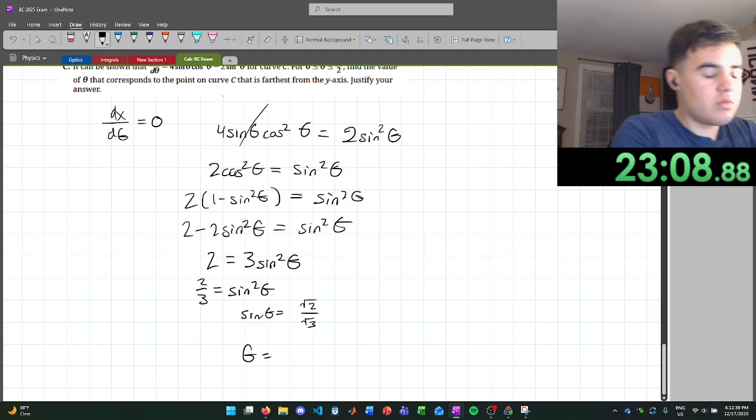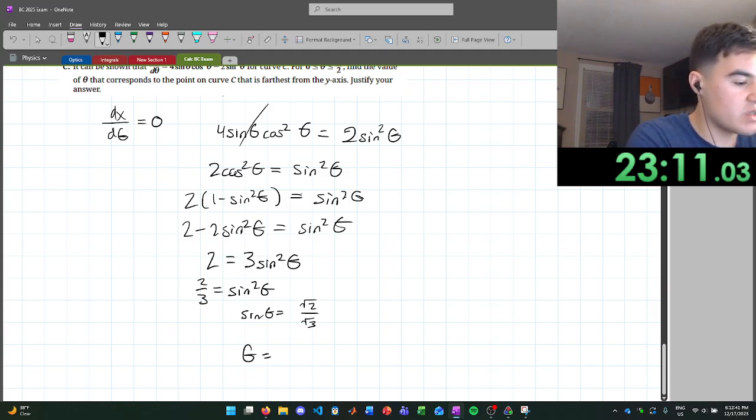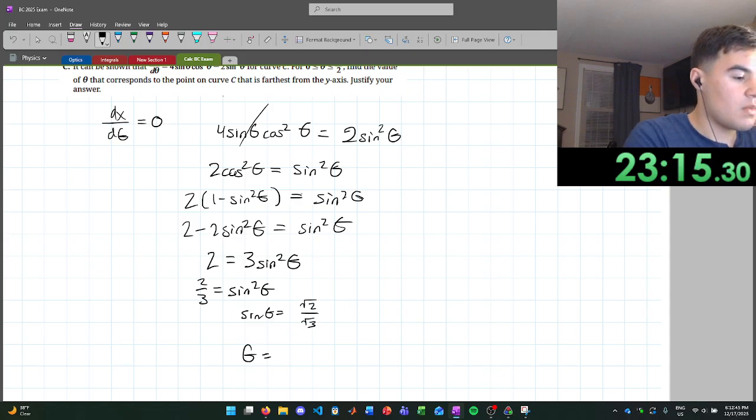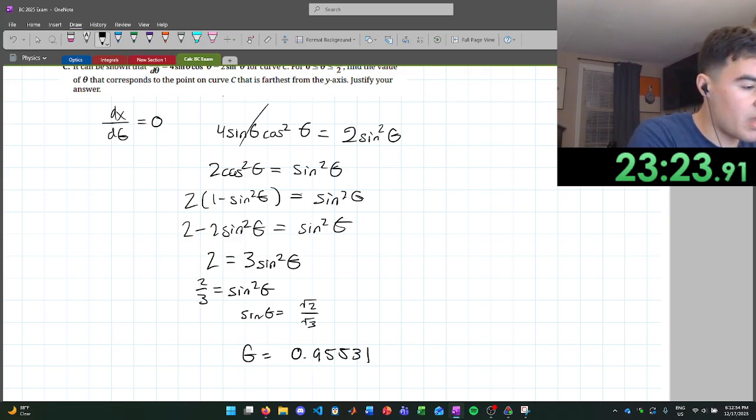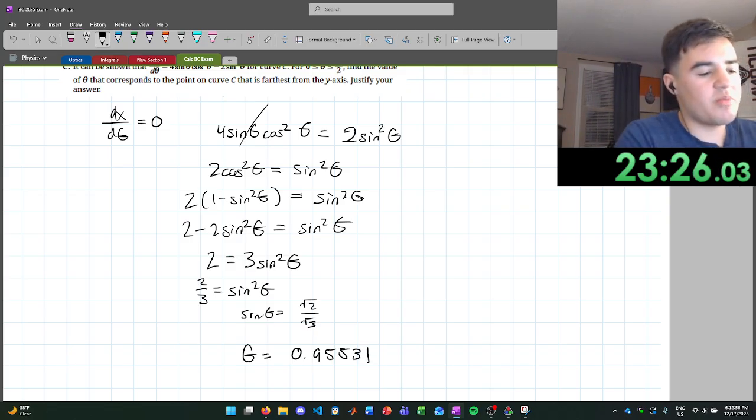Theta is equal to arc sine of square root of 2 over 3. I put a plus sign by accident. That is 0.95531. If we divide that by pi, it's like 0.3 pi.